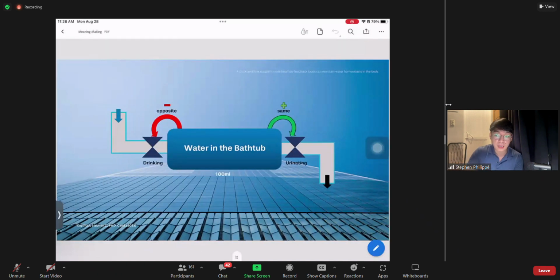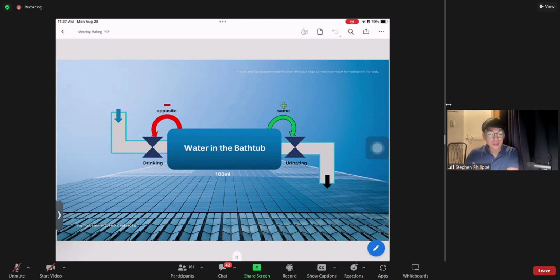So there is a same effect on the urinating and opposite effect on the drinking when we introduce this one as the water homeostasis in the body. Look at this. Teachers should have been very creative, logical on how they could incorporate it. They don't have a bathtub at home, but they could picture out what a bathtub is in science, in learning biology.